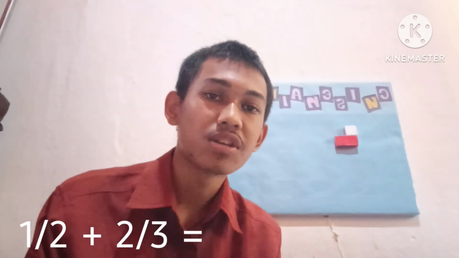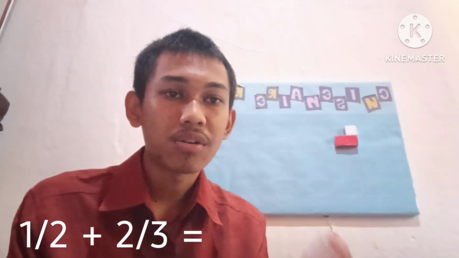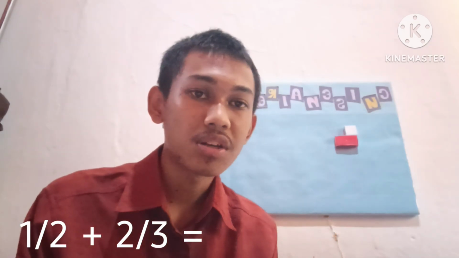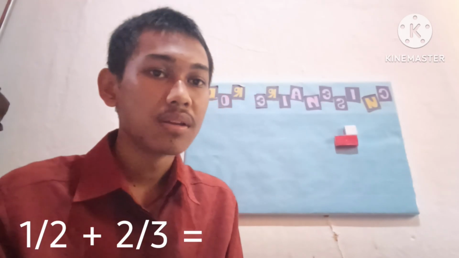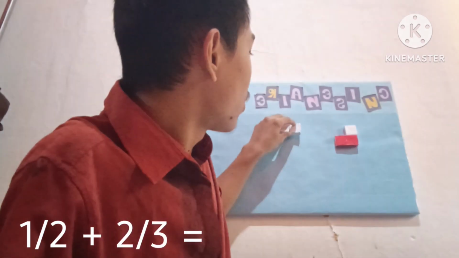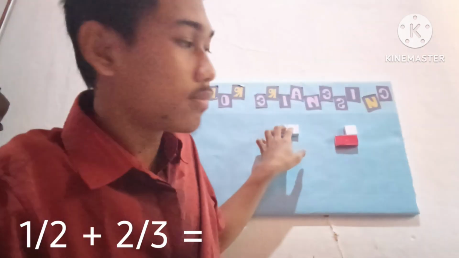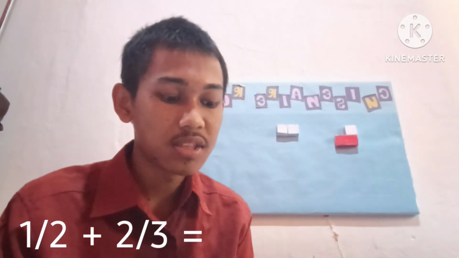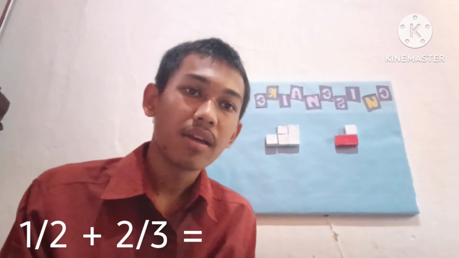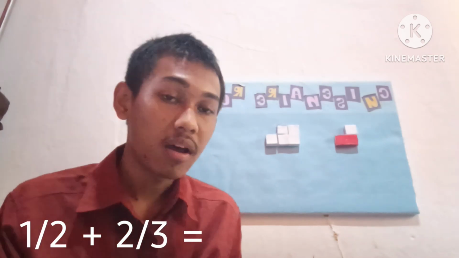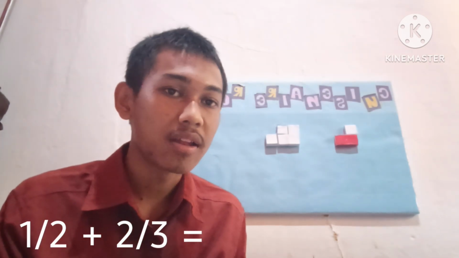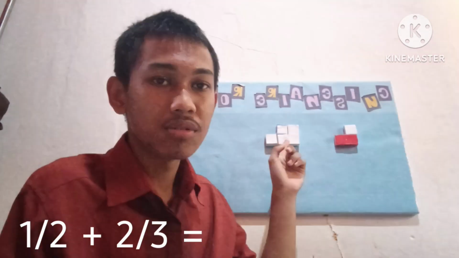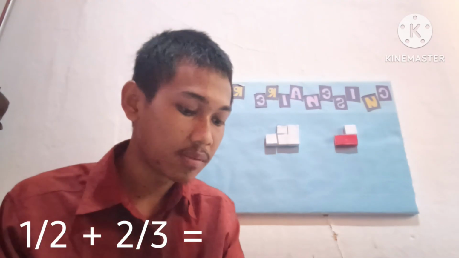And how about 2/3? I will use white rods to make it easier. The numerator of 2/3 is 2, which means we need 2 white rods here as the numerator and 3 white rods as the denominator. Now let's find the rods that can be represented by 2 white rods.